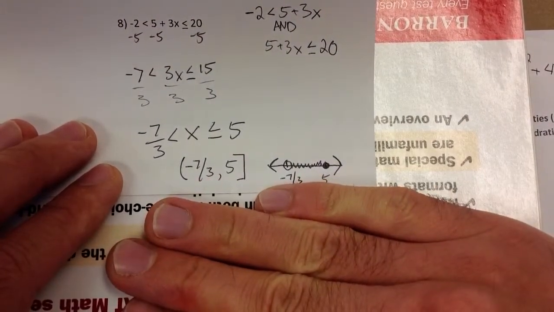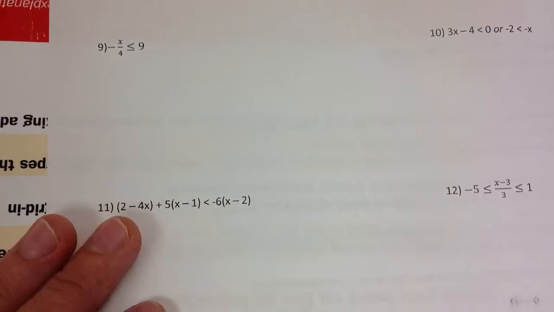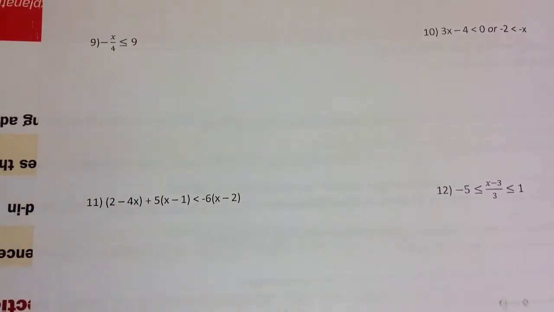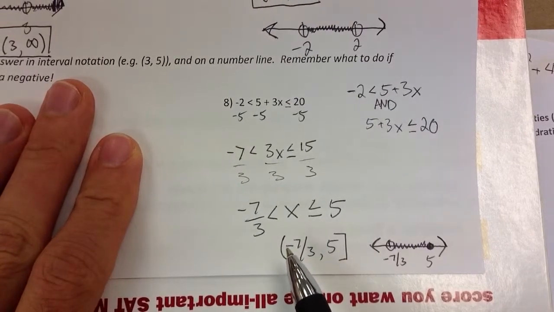Okay, any questions on 8? Number 9. Another volunteer? Yes? On 8, why did you not use the infinity signs? Because the question is, why did we not use the infinity signs for 8?